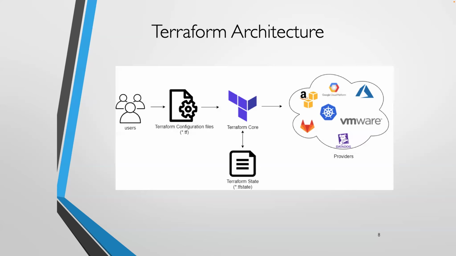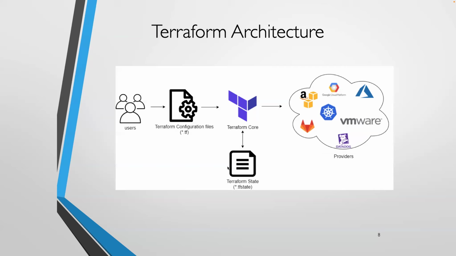Okay, so now let's try to understand the Terraform architecture. It is actually pretty straightforward. Let's say that you are a DevOps engineer, you would be creating Terraform configuration files using a language called HCL, which is nothing but HashiCorp Configuration Language. And once you create your Terraform files, obviously you're going to commit that into version control.